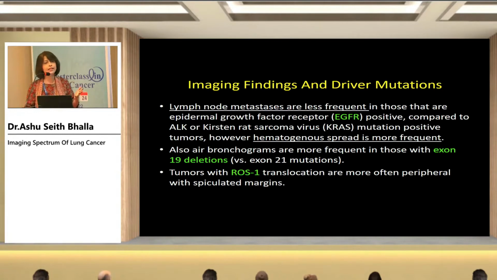In advanced stage, it's very difficult to predict the driver mutation. Although overall, when these are EGFR positive tumors, hematogenous spread is more frequent and lymph node metastases are less frequent, it's difficult as of now, at least in advanced carcinomas, to predict EGFR or ROS mutation.